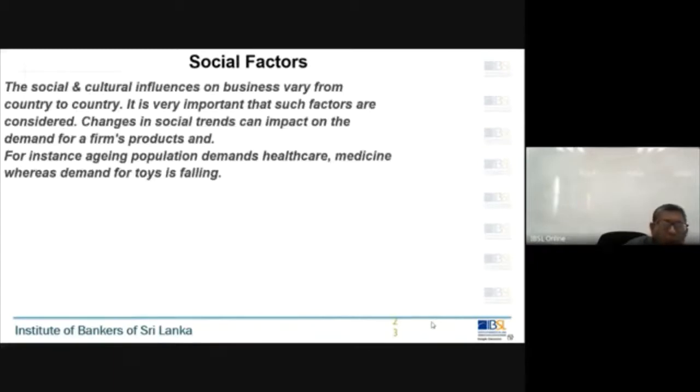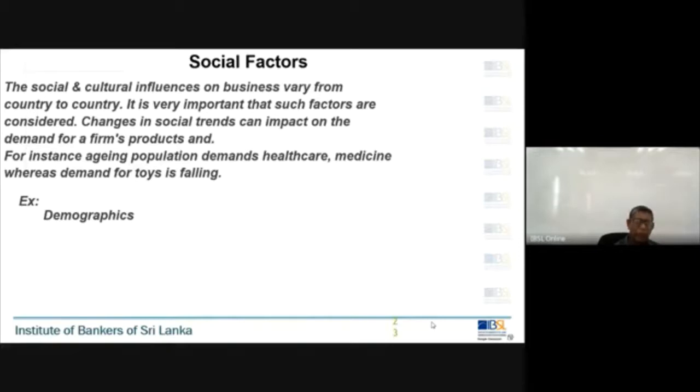And we look at the social factors, how these social factors impact our businesses. How our social culture will influence the business. It may vary from country to country. But how are we going to look at these factors?